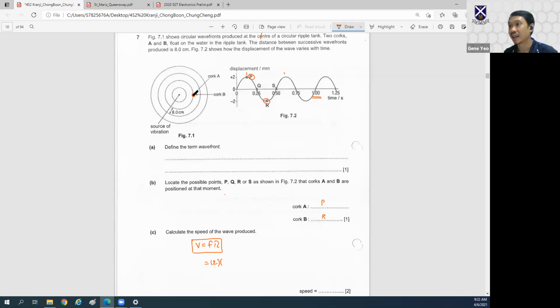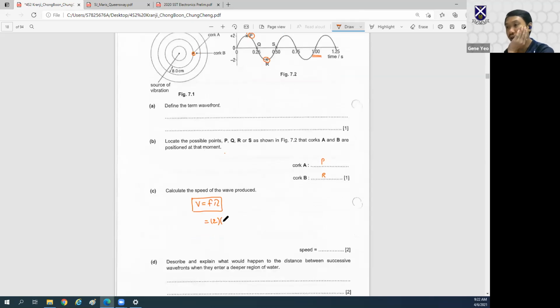they said it is 8 cm. So you have a choice here. What you can do is you can leave it in cm, and this gives me 16 cm per second. All right, you can do that.